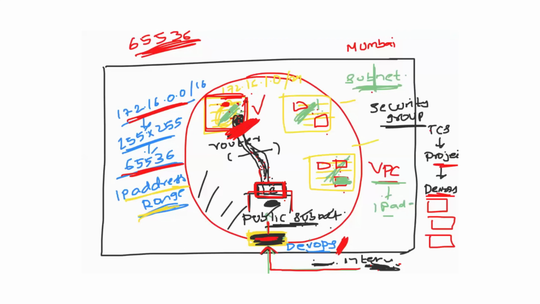Now let's try to write these things, okay? So that you understand what exactly has happened. First of all, from the internet, right? So let's say this is the internet. There is a person on the internet here. He is using a laptop, and what he is trying to do is access an application.